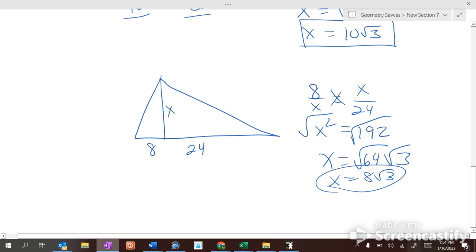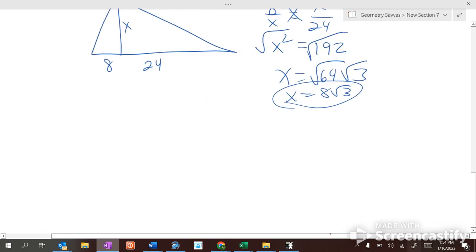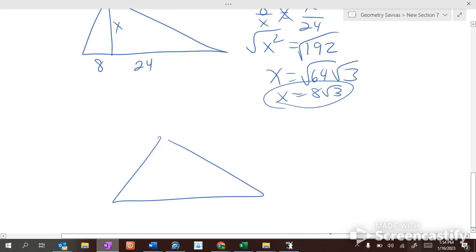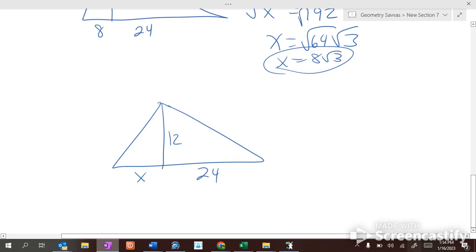Okay? Now let's do a super easy problem. X, 12, 24. How do we figure this out? What do we put over what? Jack.